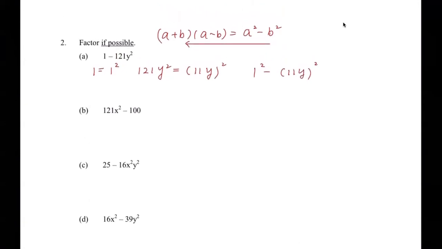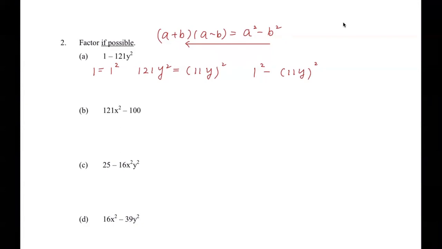Okay, let's look at the formula. A squared minus B squared. 1 squared minus (11y) squared. This means in this question, A is equal to 1 and B is equal to 11y, right?